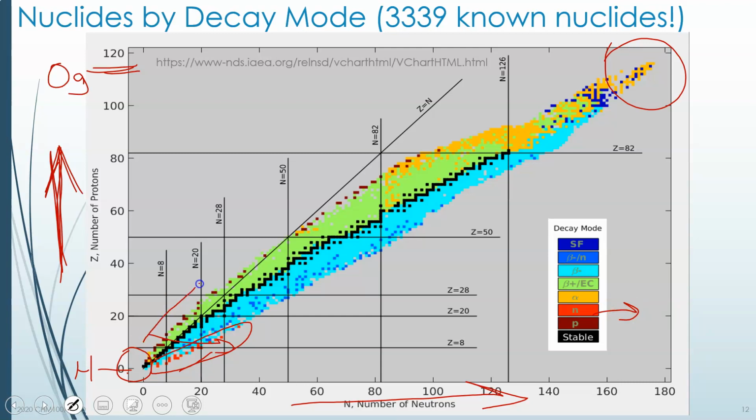The ones that have too many protons, the ones that are really high on this graph, the brown ones, will lose protons to get rid of it. Now, we're not going to focus on these kinds of decays much, but if they're very heavy elements up here, and they have too many protons and too many neutrons, they're really up high and far to the right, they're going to lose alpha particles, which are essentially 2 protons and 2 neutrons together being lost.